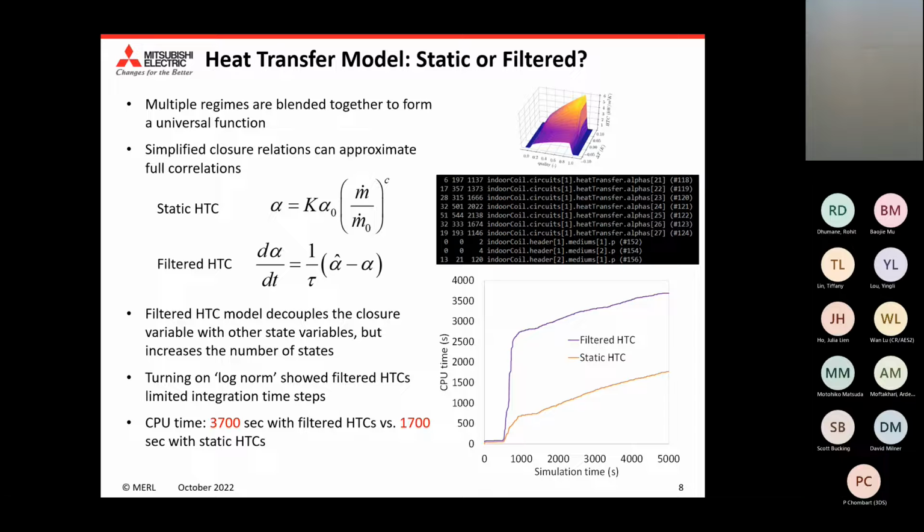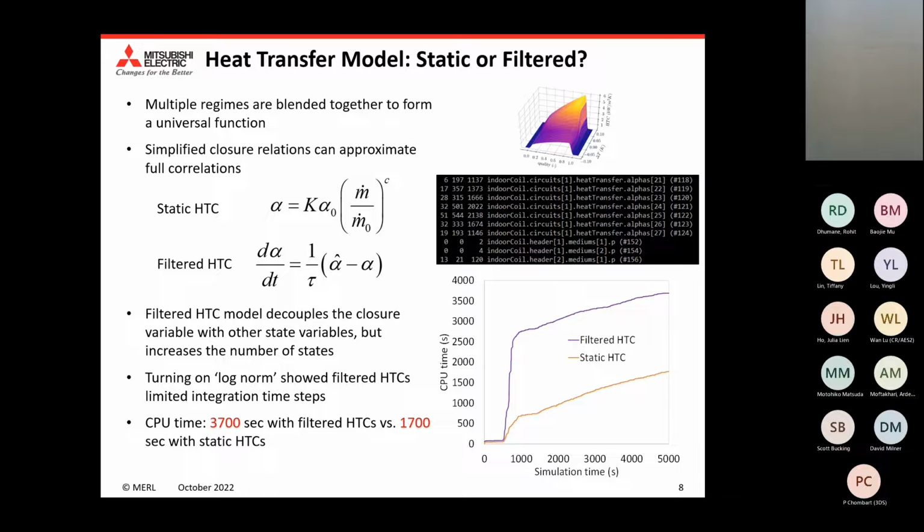So again, we use a very simple way to calculate the heat transfer coefficient, and then we can work with these two constants. But the problem is, sometimes if you use this static or algebraic relation, you will get spurious numerical oscillations when the refrigerant vapor condenses.